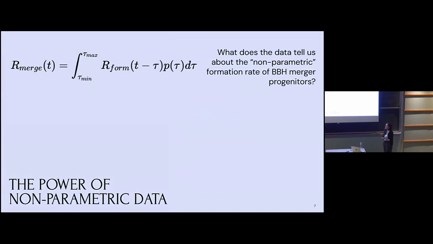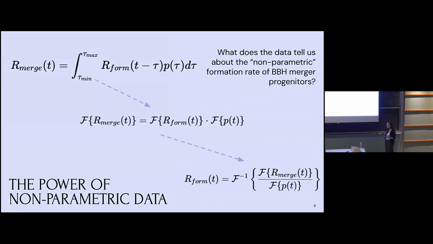And I'm not going to get into the nitty-gritty details of this, but if you remember from your university math courses, convolution theorems and Fourier transforms and all of that, you can rearrange this easily in the frequency domain. So we have our merger rate data, and we have our assumption for the time delay, and we can calculate what the formation rate curves would be from this.